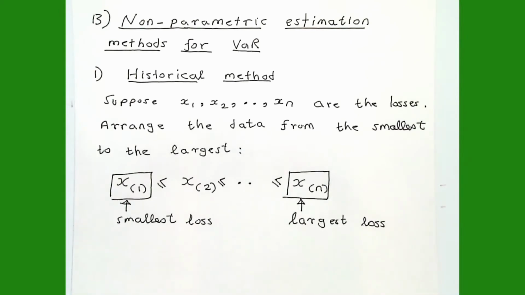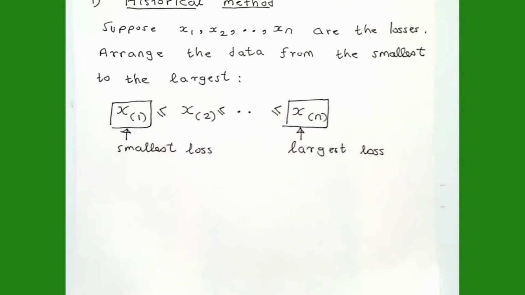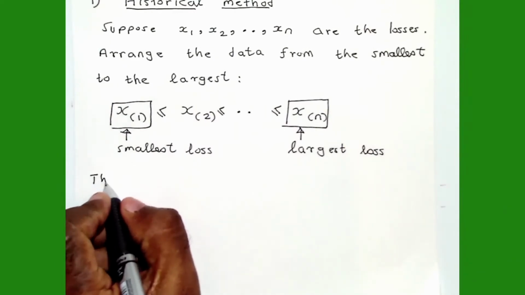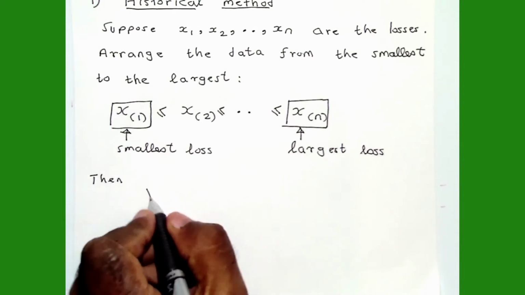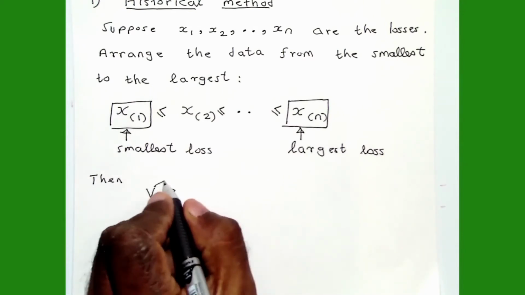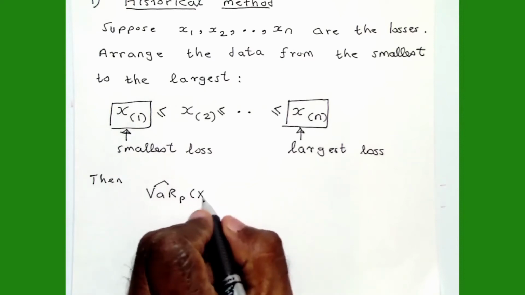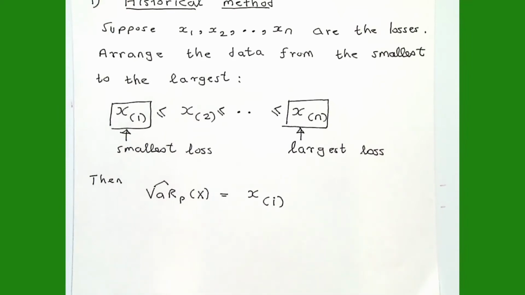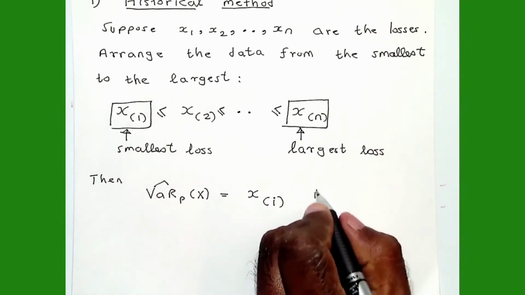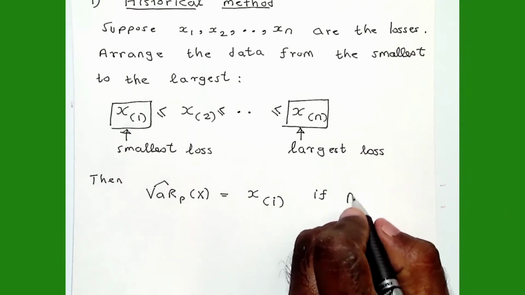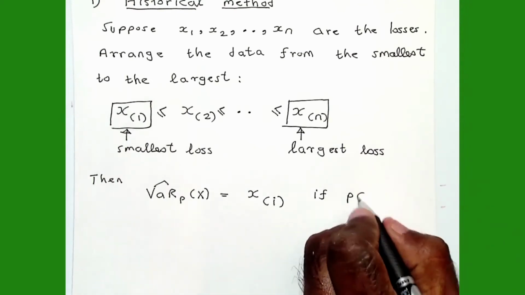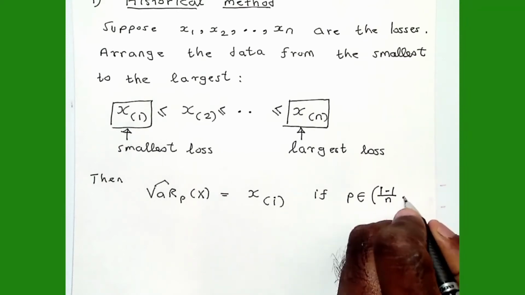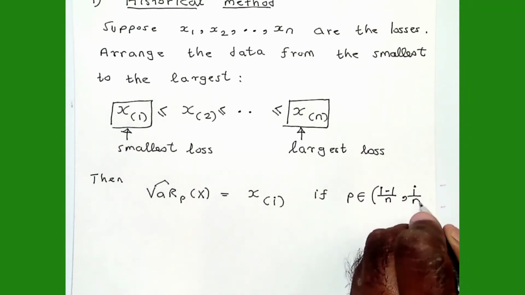Given this, the historical method says the estimator for VaR is given by the ith smallest data value if p, the probability, lies in the interval from (i minus 1) divided by n to i divided by n.